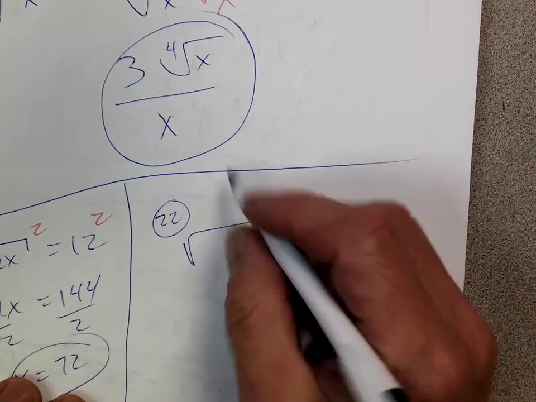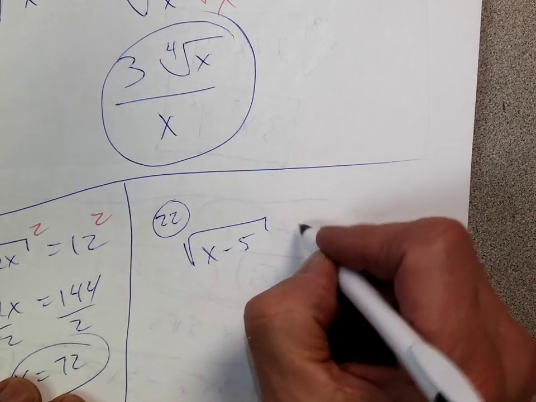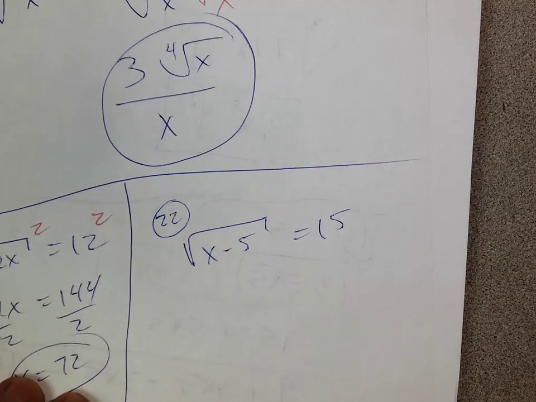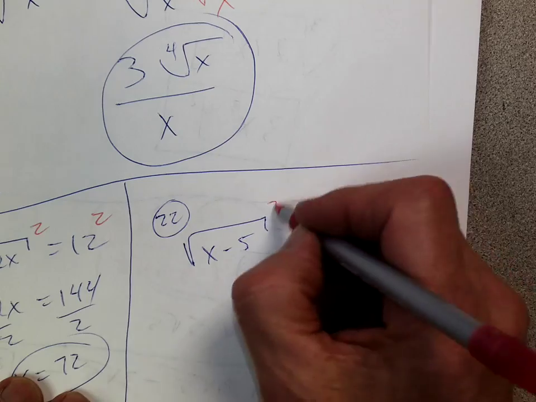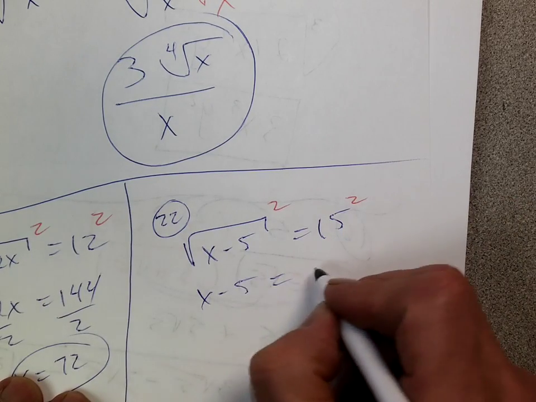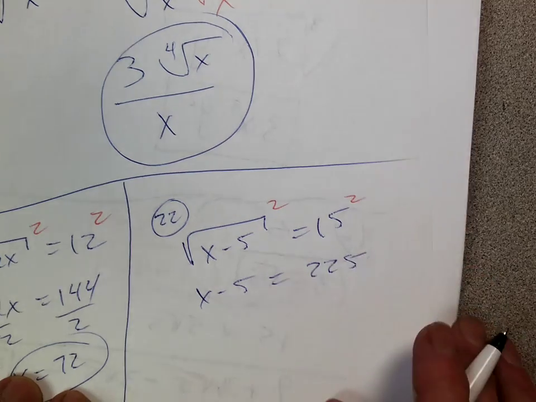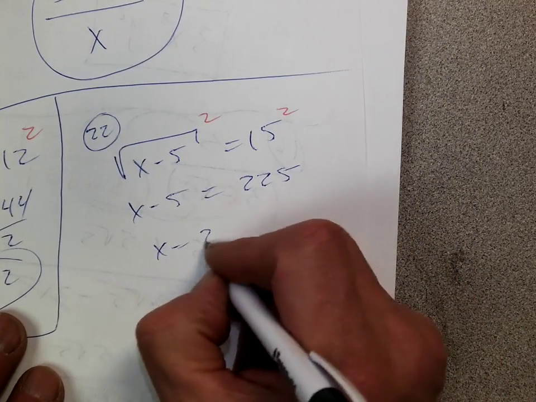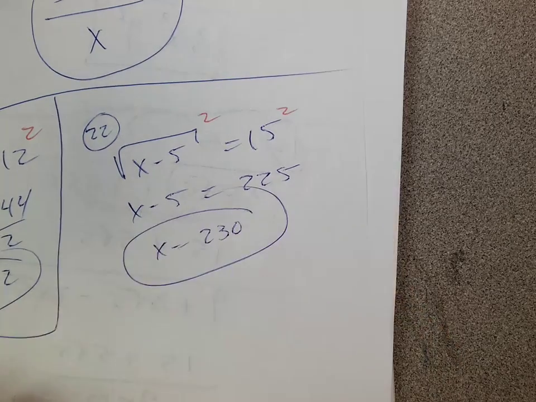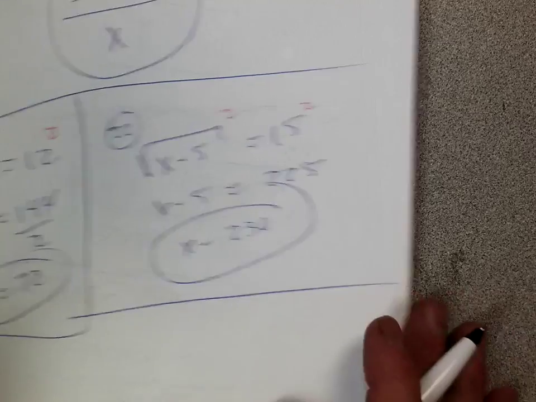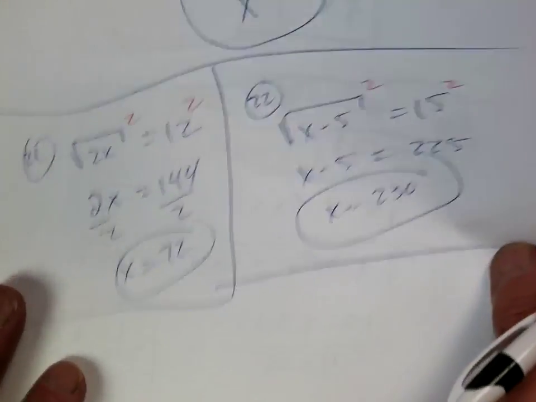Square root of x minus 5 equals 15, right? Square both sides. X minus 5 equals 225, plus 5, x equals 230, okay? These are easy, aren't they? Be nice, something easy.